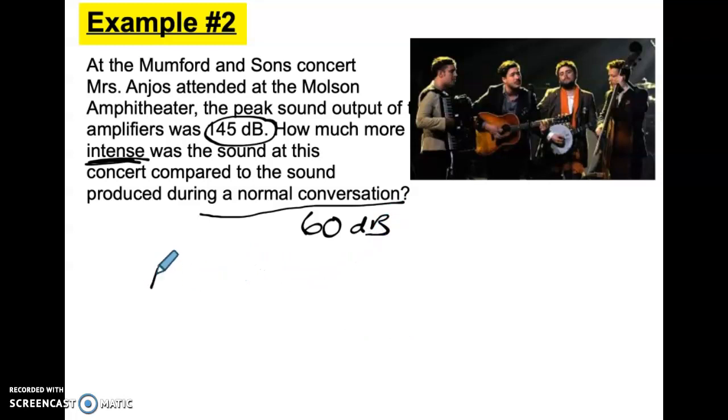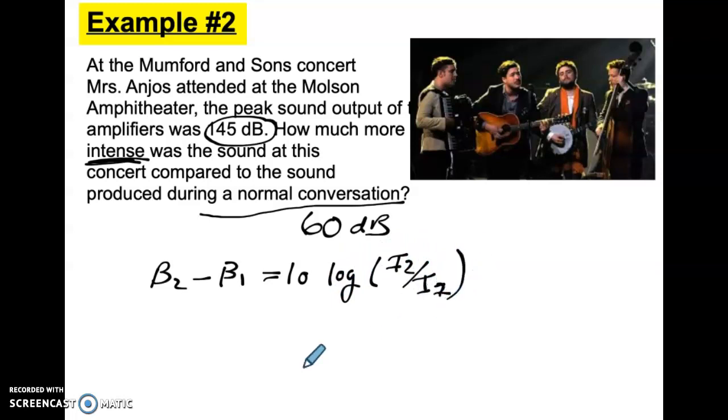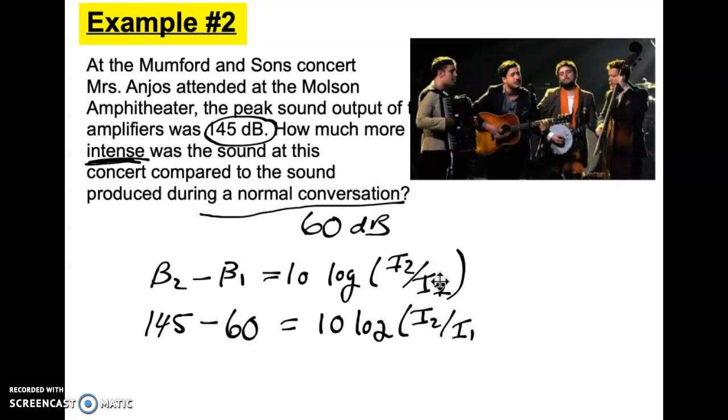So really, at this point, we are subbing everything into our formula. And we're finding that ratio of intensities right there. So we sub in the 145, we sub in the 60 that we're comparing it to, and now we just have to isolate I2 over I1.